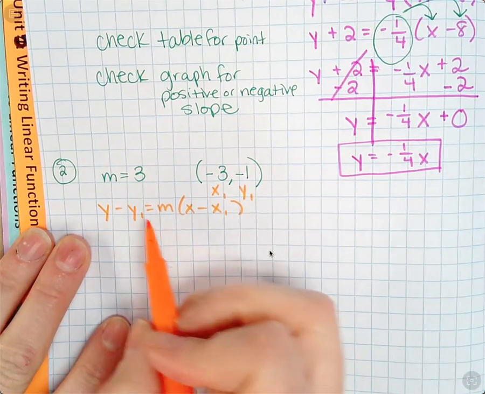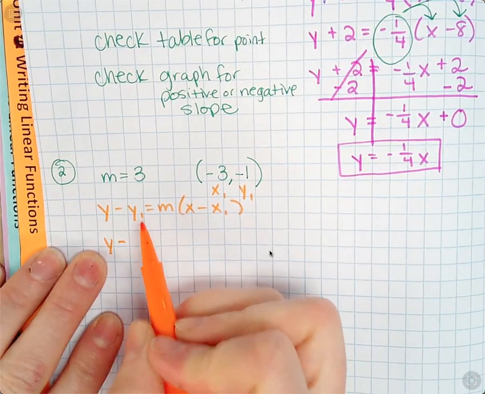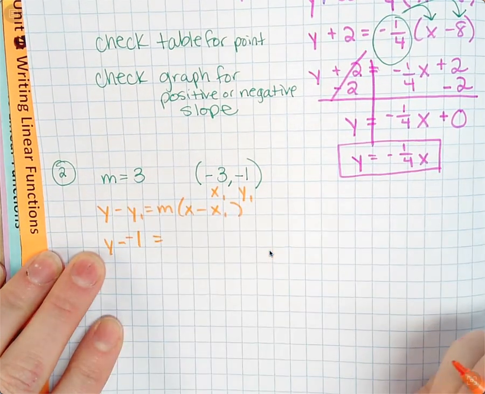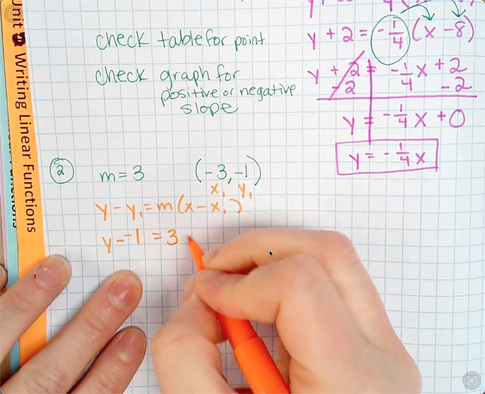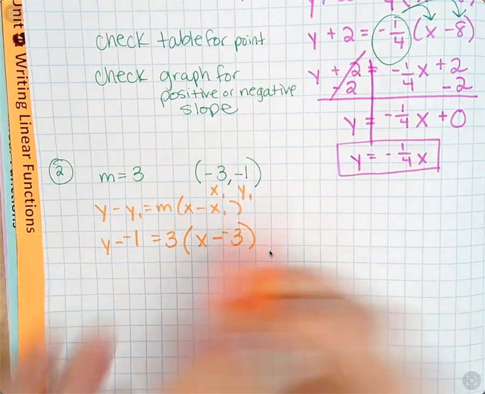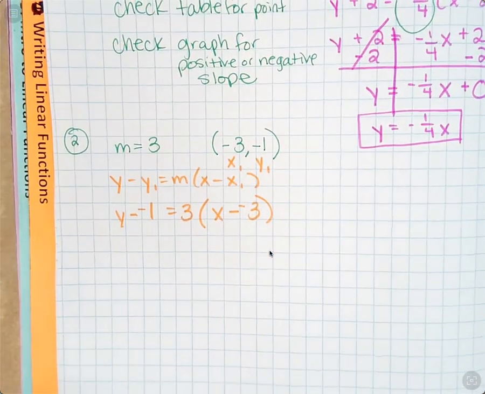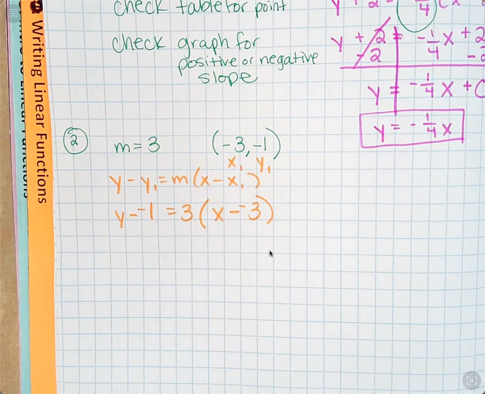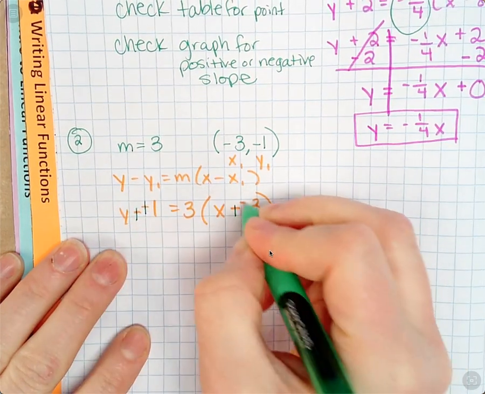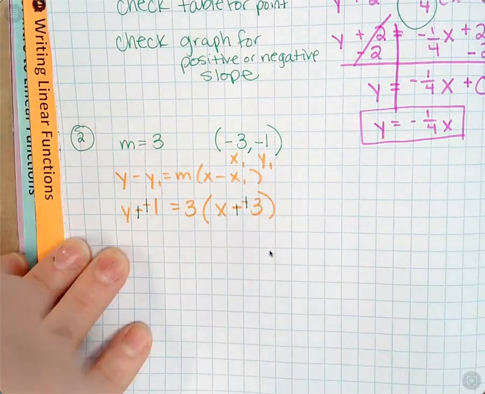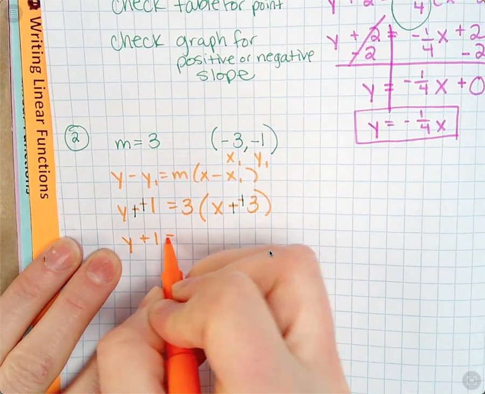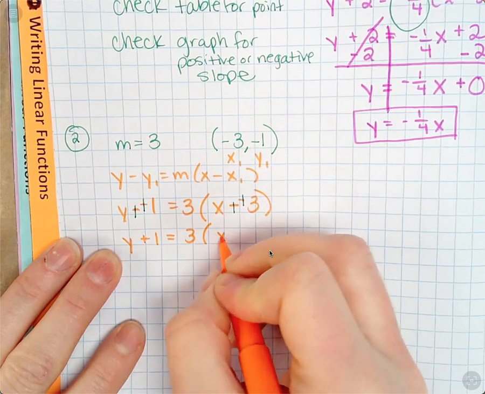Okay, let's plug in. So it'd be y minus, what's y1? Negative 1. So we're going to write y minus a negative 1 equals m is 3, and then x minus x1, a negative 3. Anytime you see a double negative, we're going to make it positive. Keep change. So this is y plus 1 equals 3, parentheses, x plus 3.